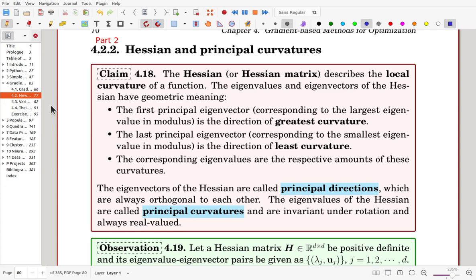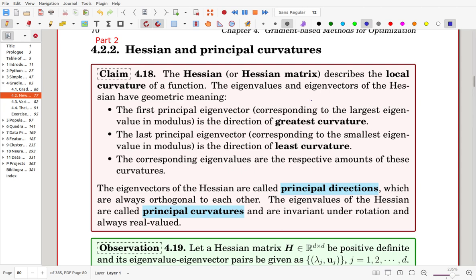The Hessian is a d by d matrix, and we can find eigenvalues and eigenvectors. The first principal eigenvector, corresponding to the largest eigenvalue, is the direction of greatest curvature. The last principal eigenvector, corresponding to the smallest eigenvalue in modulus, is the direction of least curvature.